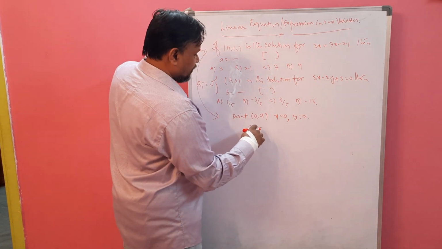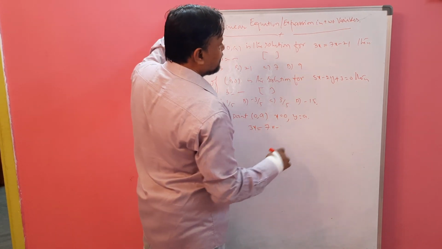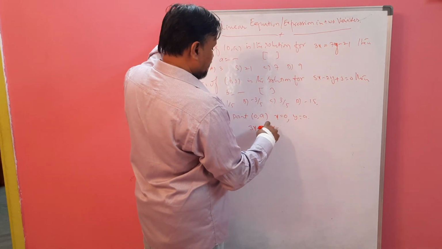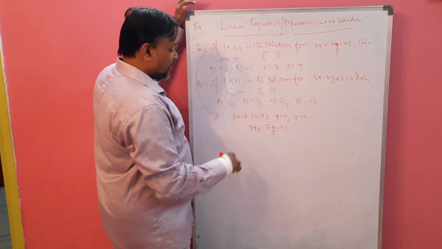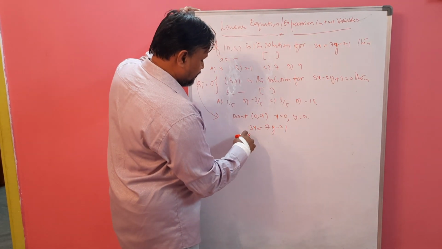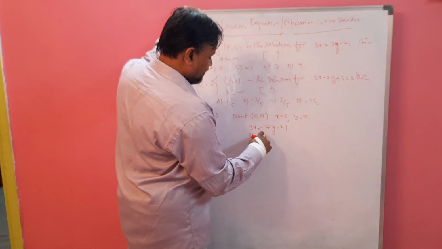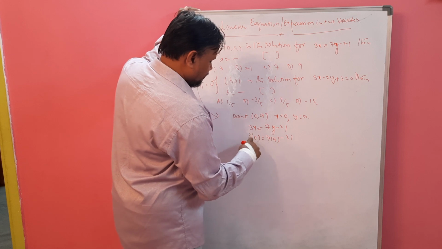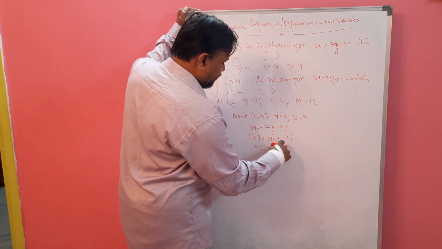3x plus 7y minus 21 equal to 0. Okay, make it y, because x and y are there. In place of x we have to substitute 0, and y is a. So 3 times 0 plus 7a minus 21 equal to 0. 3 zeros are 0, so this is 7a minus 21.